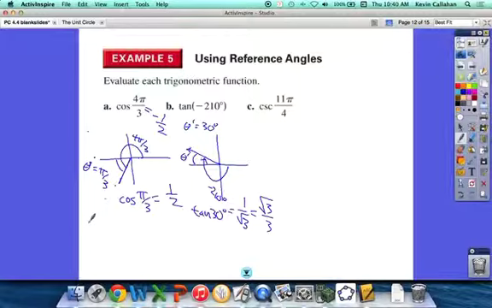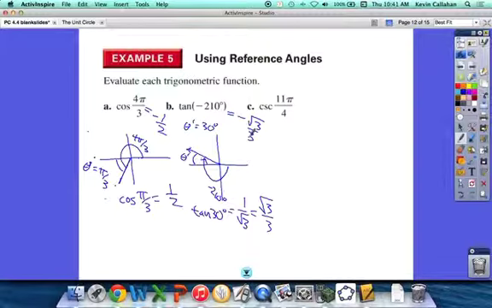Now, what is the sign of the tangent in the second quadrant? It's negative. So this has to be negative root 3 over 3. So when you're using the reference angles, everything's going to be positive, and then you have to apply the correct sign.